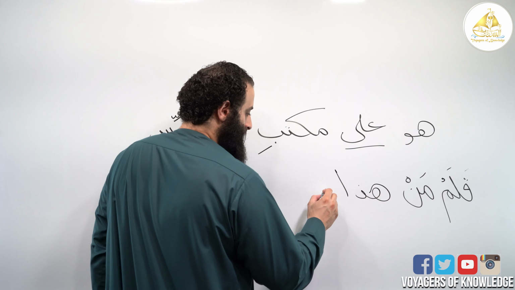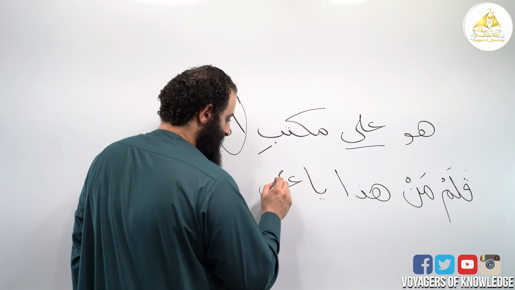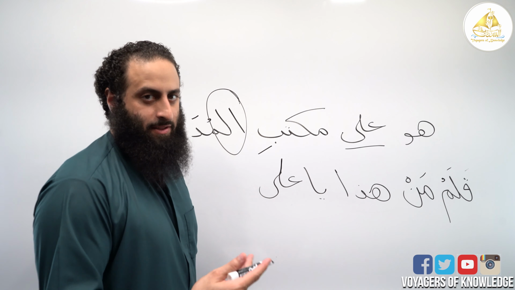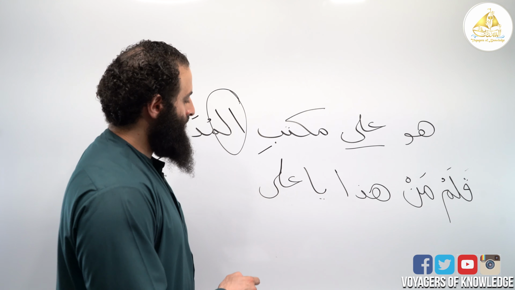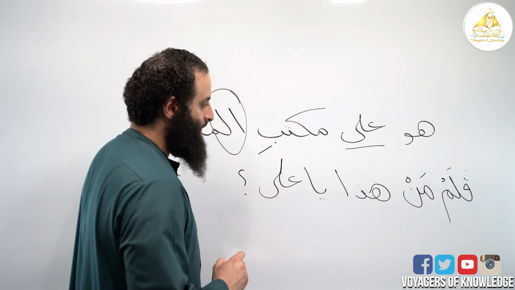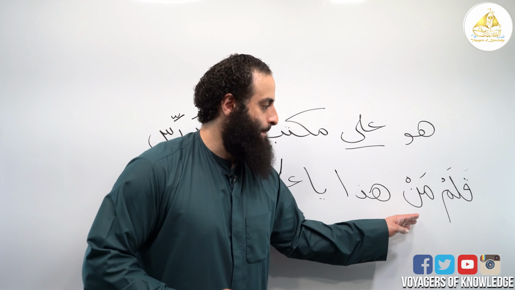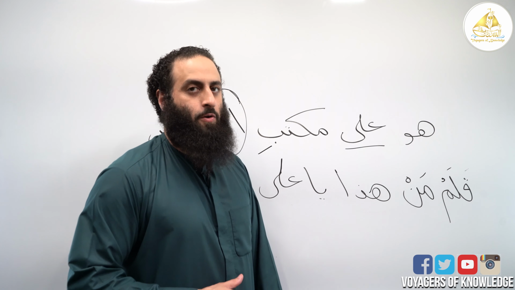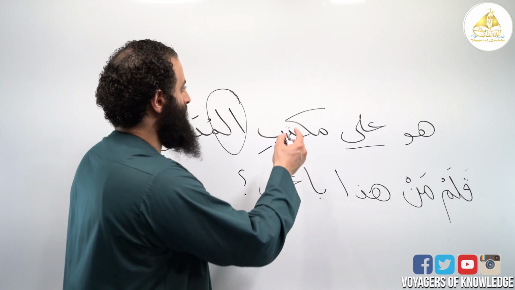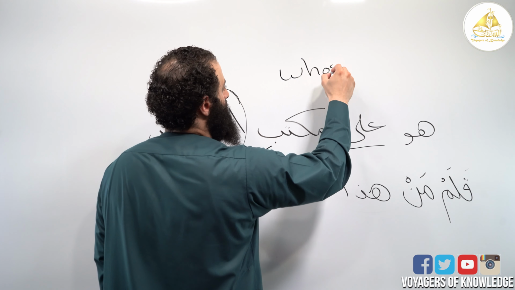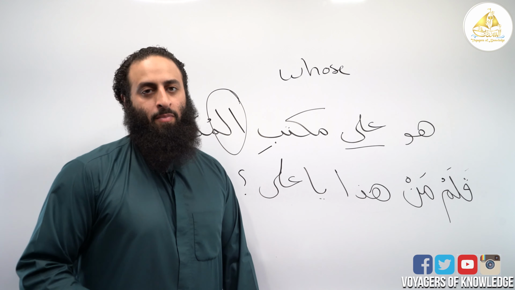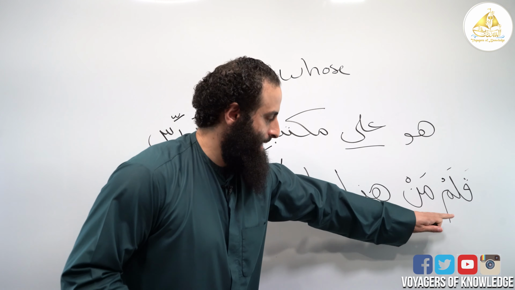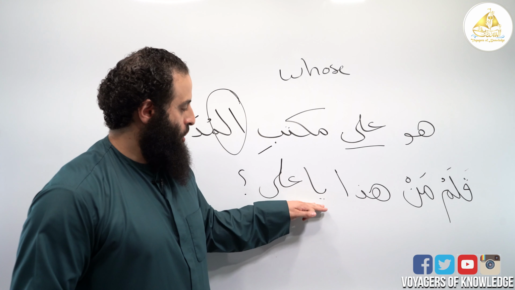Now that you know that, ما معنى هذه الجملة? What is the meaning of this jumla, of this sentence? Whose. Whenever you got men coming in second like that, that means it's going to go from who to whose. Whose pen is this, O Ali?